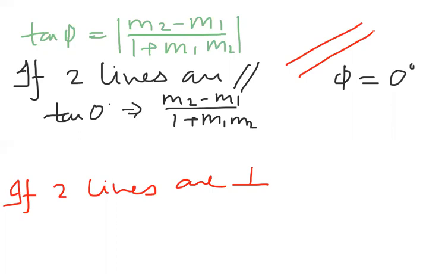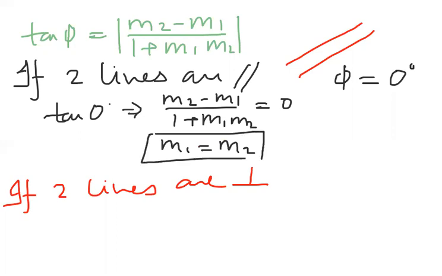So we have got tan phi, we know it is equals to 0. With cross multiply, what I'll get? M1 equals to M2. Try to see this particular concept. If two lines are parallel, then their slopes will be equal.